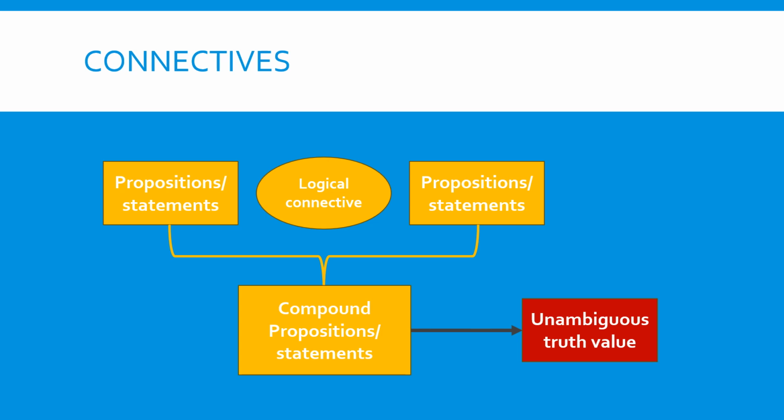For example, the addition operator takes two real numbers as its operands and outputs another real number. Similarly, a logical connective takes in one or multiple statements as its operands and outputs another statement as its result. Again, the resulting compound statements have their unambiguous truth values, just like other simple statements.